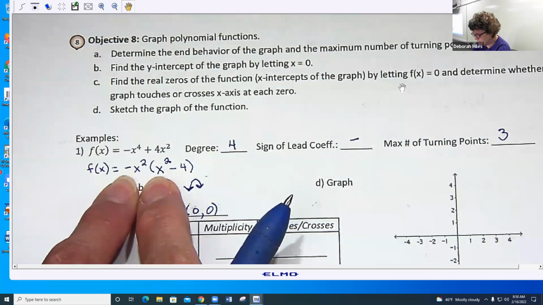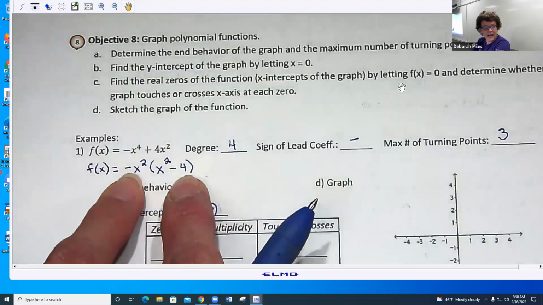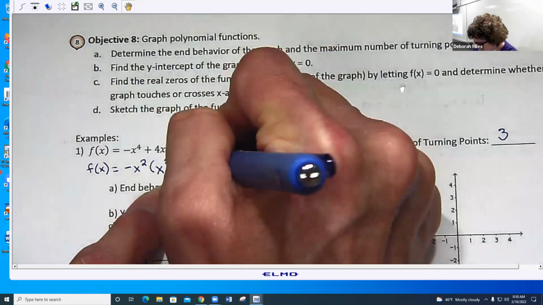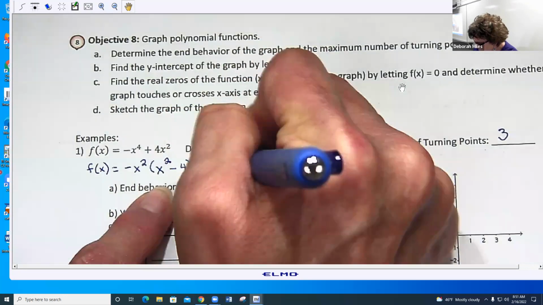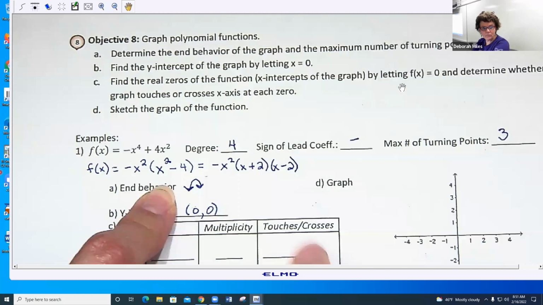Double check that. Negative x to the 4th plus 4x squared. And then that will factor further into negative x squared times x plus 2 times x minus 2.